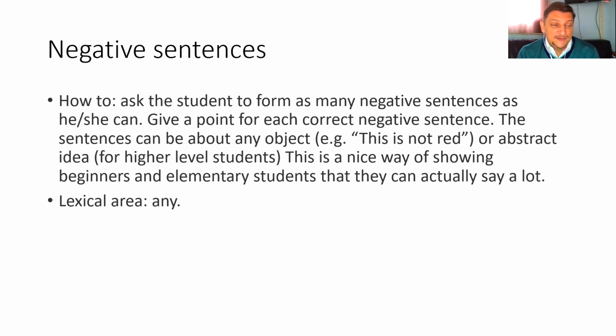Like, for example, very soon I'm going to give a webinar to our methodologists on developing creative skills, critical thinking in students. And one of the ways to define what critical thinking is was by telling what it is not. It is not the ability to criticize whatever you see, but it's something different. So this negative sentences game is much more important than it may seem at first sight.